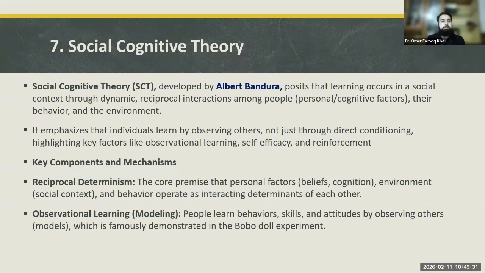So key components and mechanism of social cognitive theory, or SCT, are reciprocal determinism. The core premise that personal factors, beliefs, cognition, environment, such as social context and behavior, operate as interacting determinants of each other.